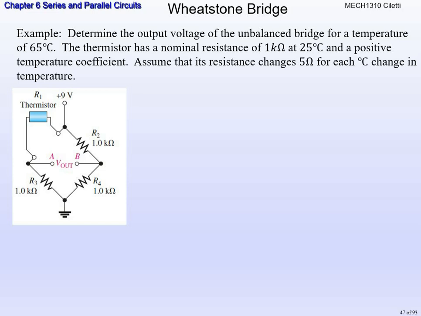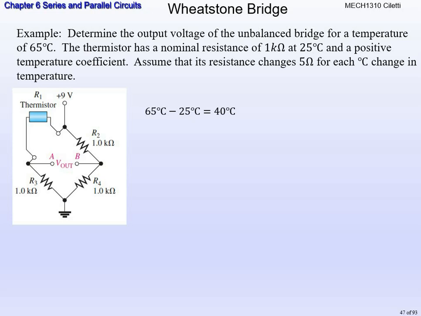Alright, so what are we finding? We're finding the output voltage. So we have to find V out in this case. Okay, but first we need to figure out how many degrees have we moved. Because I've given you the value for the thermistor at 25 degrees Celsius, but it's actually sitting at 65 degrees Celsius right now. So we have to know that it has moved 40 degrees Celsius from where our basis is.